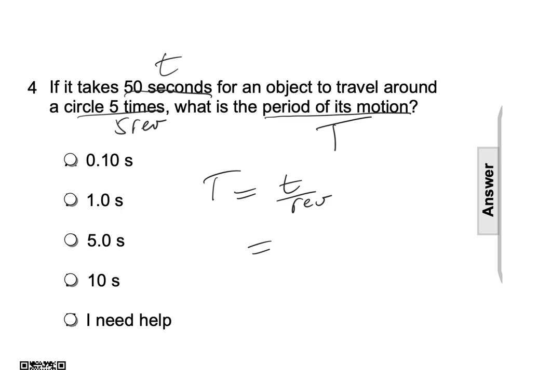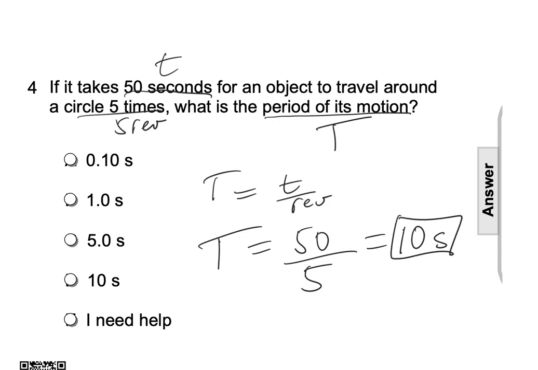So that'd be 50 seconds over 5 revolutions, which would be 10 seconds per revolution. But I don't write the revolution, per revolution, because that's the definition of period. So 10 seconds is the period.